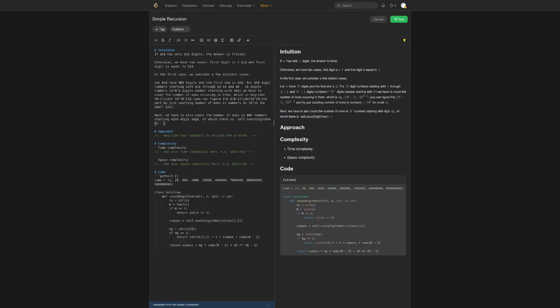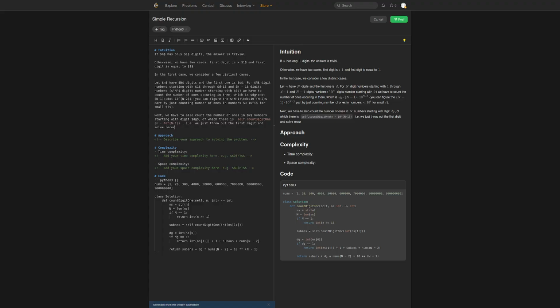and minus, well, if it's that digit number then that's minus, it has what, 7 digits, so 10 to... i.e. we just throw out the first digit and solve recursively.